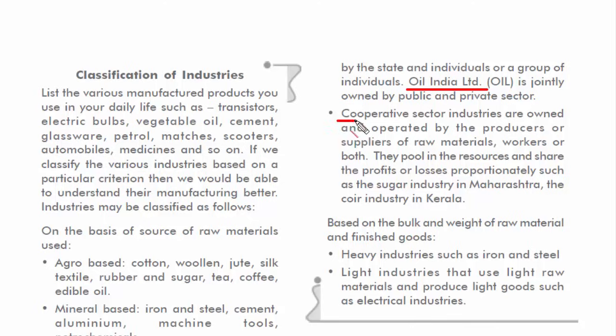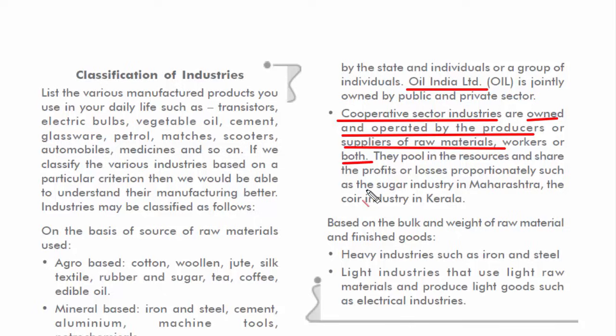The last one is the cooperative sector industries. By the term cooperative, it means that these industries are owned and operated by the producers or suppliers of raw material, workers, or both. One example to help you understand this better: suppose you have a big company and you require people to clean that place. You cannot hire a bunch of people who will just clean the entire place, right?